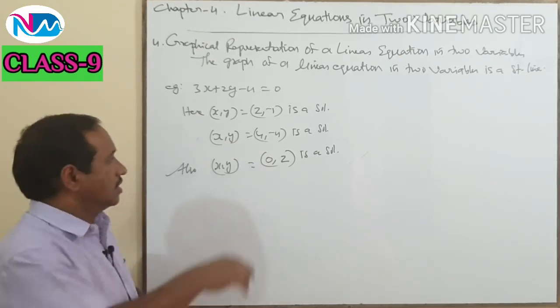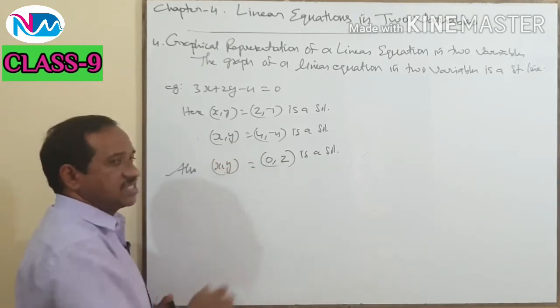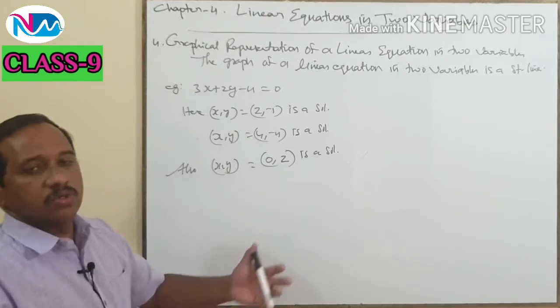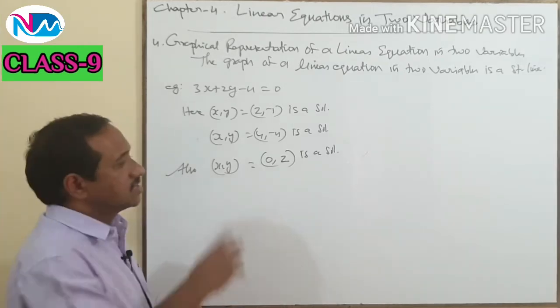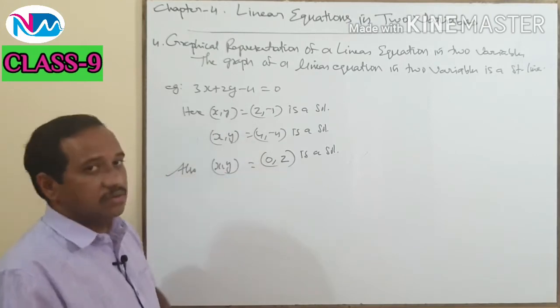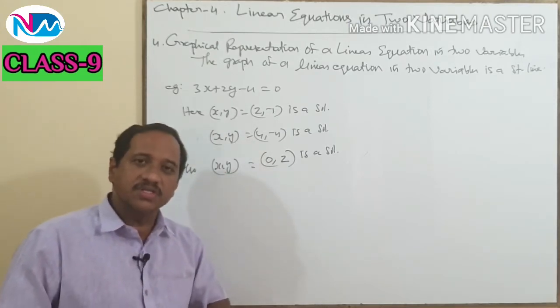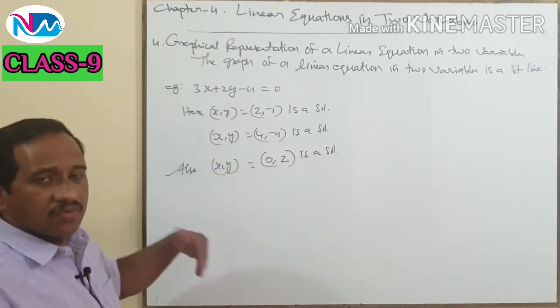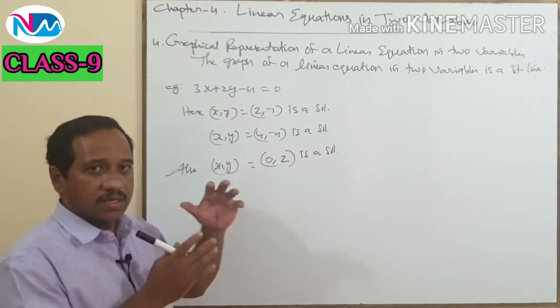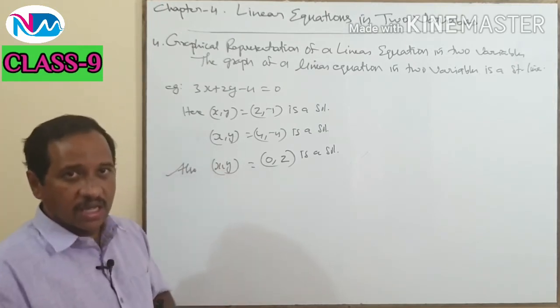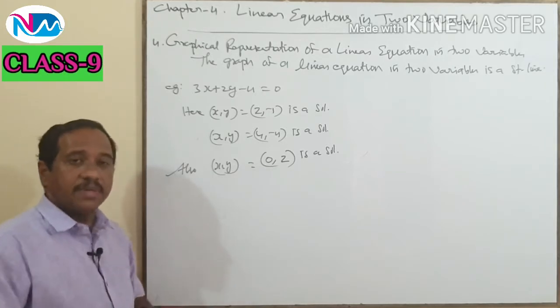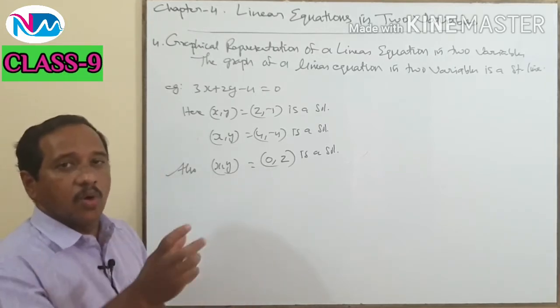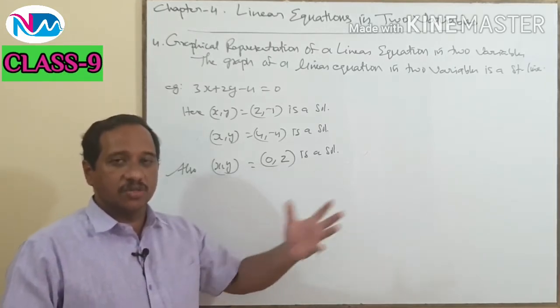Also, we have (x, y) is equal to (0, 2) is also a solution. Here we are considering three solutions of the equation 3x plus 2y minus 4 is equal to 0. We can have many solutions, but we are taking three solutions. And these three solutions can be considered as the coordinate points in a Cartesian plane.